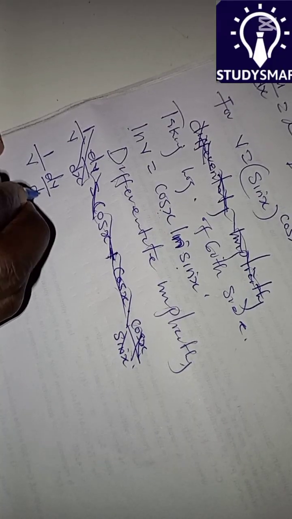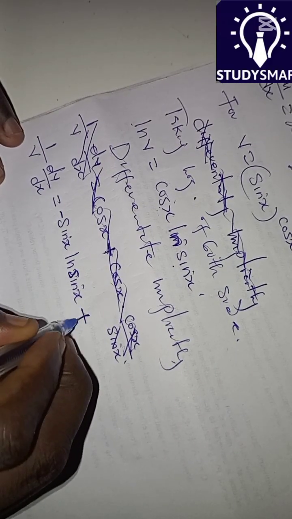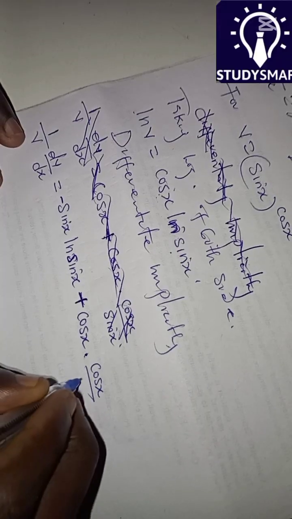Differentiating this implicitly, I'll have 1 over v dv over dx equal to, if I differentiate cos x, I'll have minus sin x, times ln sin x, plus cos x times the differential of ln sin x, which is cos x over sin x.